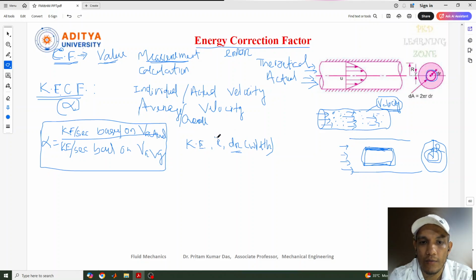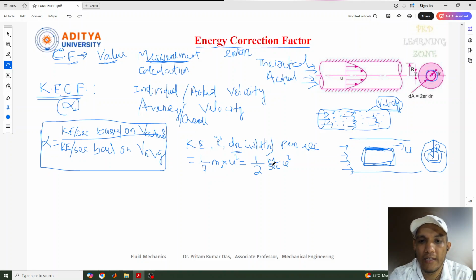Now per second we can write half mv square, here m into u square, where u is the velocity. But when you talk about per second, I can write half mass per second into u square.